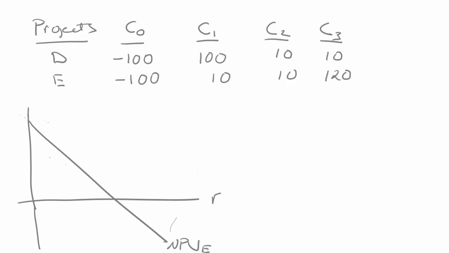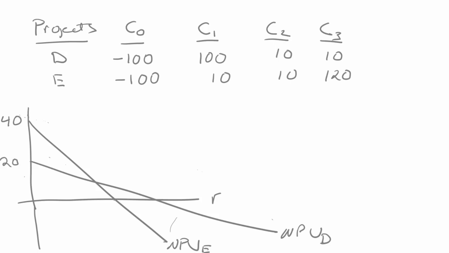And notice that when R is 0, by the way, the NPV of E is equal to 40. The NPV of D looks something like this. I'm exaggerating a bit, but you get the idea. So when R is 0, the NPV of D is 20.